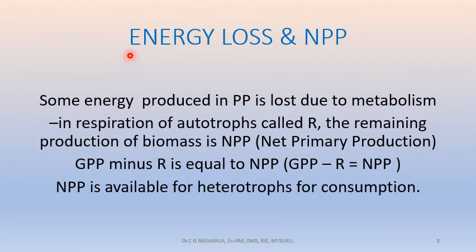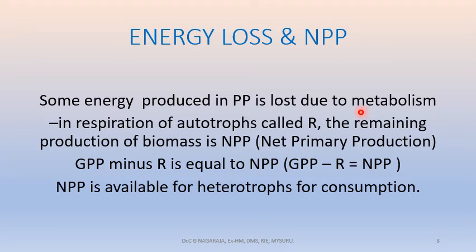Now, there will be some energy loss when an organism like a plant is producing food material. When it is living, in order to live, it has to do metabolism. Metabolism refers to both anabolism and catabolism. Anabolism is the production of material. Catabolism is the destruction, the breaking down of that.